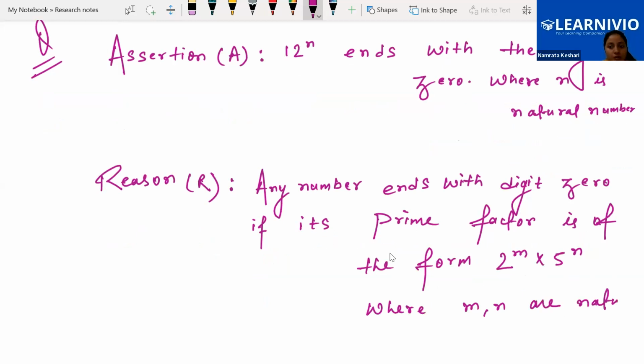Note it down. We will be talking about this question, and discussing it in the next class.